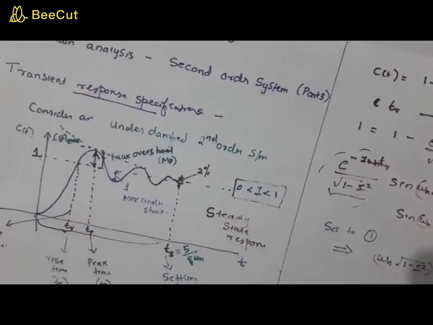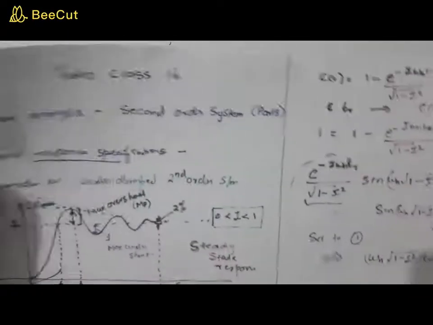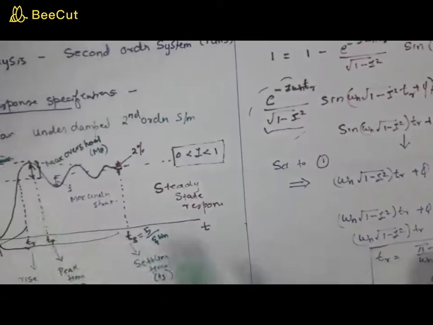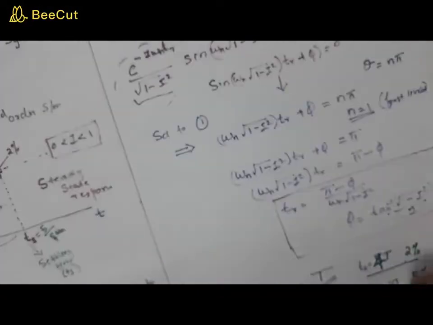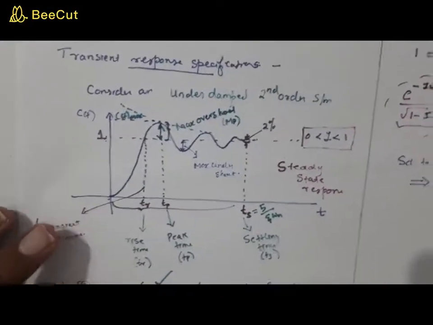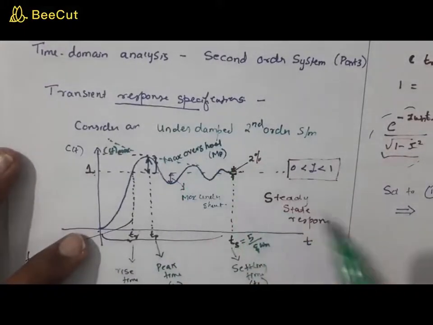Then we went on to define the maximum overshoot. In order to find the maximum overshoot, we need the maximum value of the output. For that, we substitute the value of Tp in the expression for c(t), because at that time it reaches the maximum. From that, if you subtract 1, you get the deviation, the maximum overshoot, and we found an expression for that.